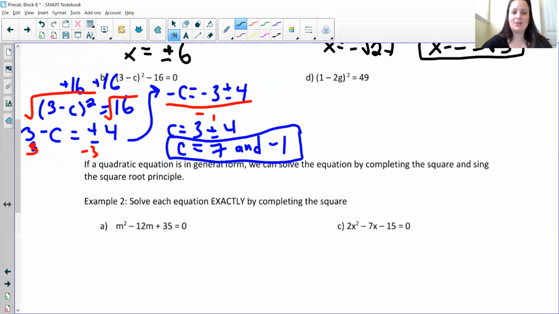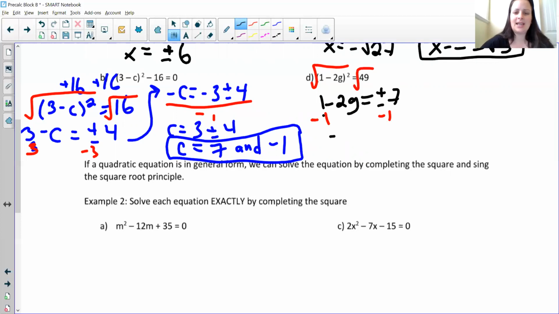All right, so we're going to do the same thing here. We're going to start off with a square root right away because the square was already isolated. So we're going to get 1 minus 2g equals the square root of 49, which is 7, so it's going to equal positive or negative 7. We're then going to subtract 1 from both sides.